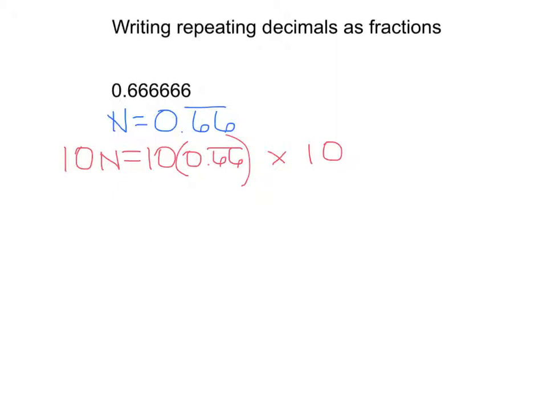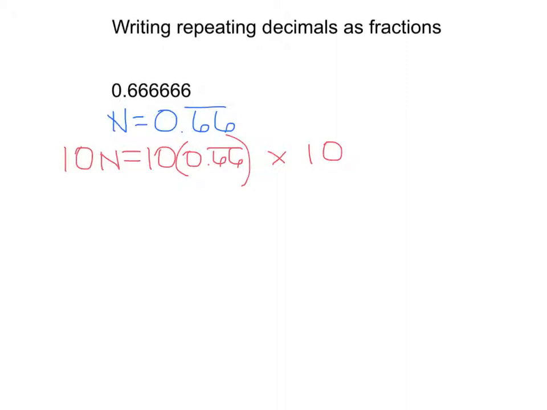The reason we're multiplying by 10 is because only one digit repeats. If multiple digits repeated, we would be changing it. But since the 6 is the number that repeats, and it's one place value, it's a 10. So 10 times both sides.